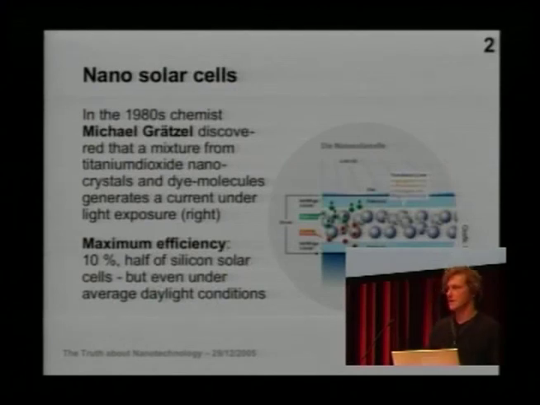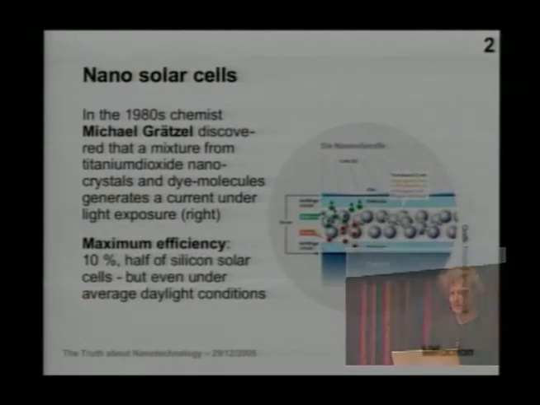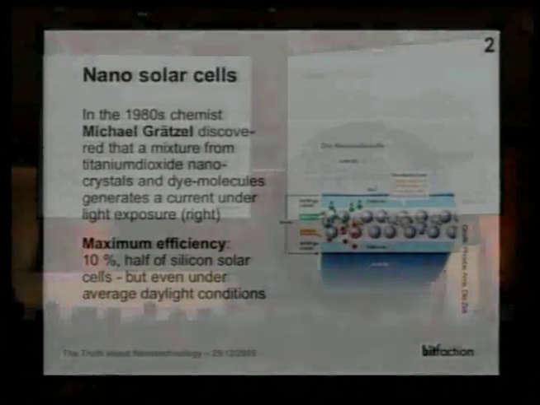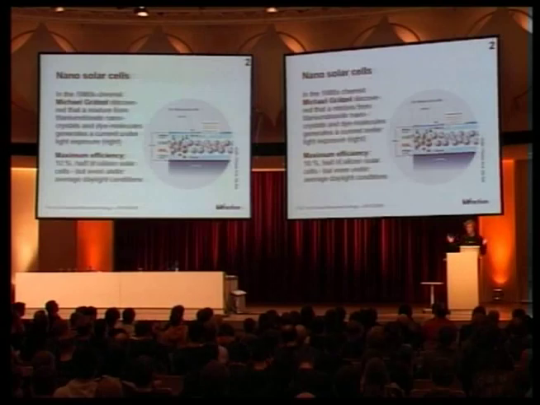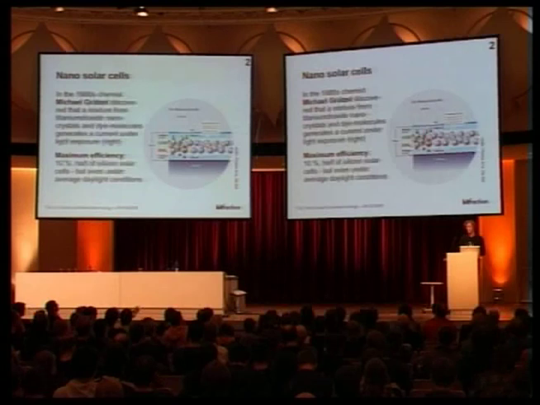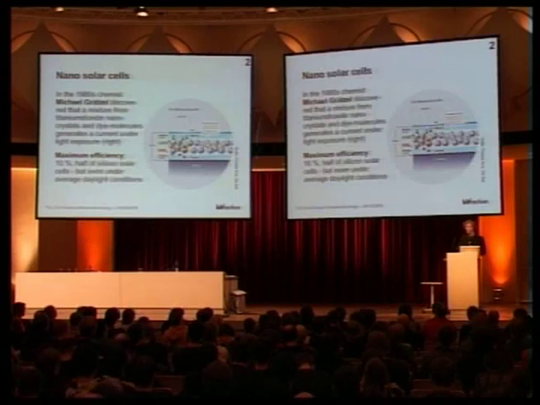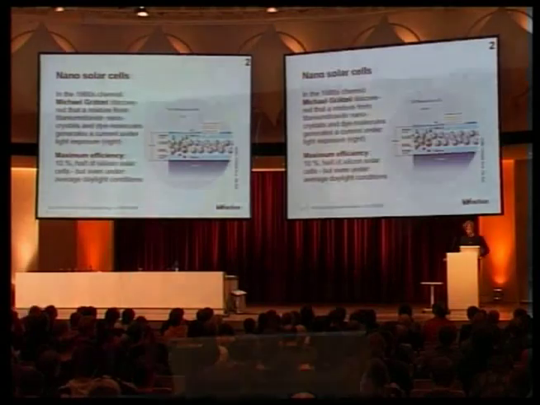The efficiency is not as high as in conventional solar cells. It's only 10%, but you have to know that they absorb the whole range of daylight, all the different wavelengths, in contrast to what you have in traditional conventional solar cells. So if you look at this, then you could say they are already as good as the conventional ones.